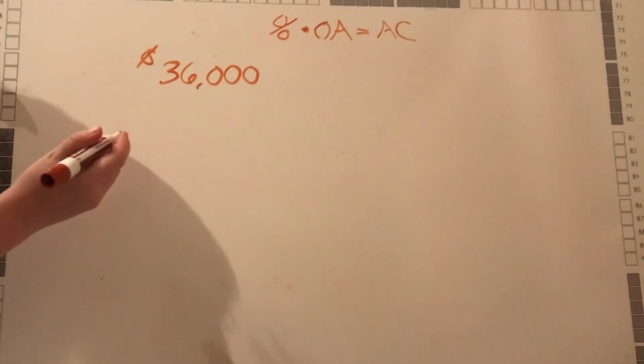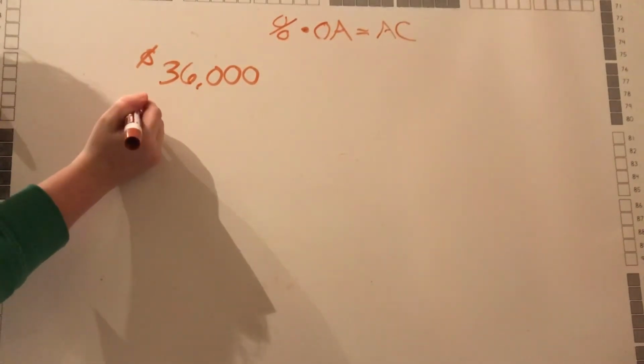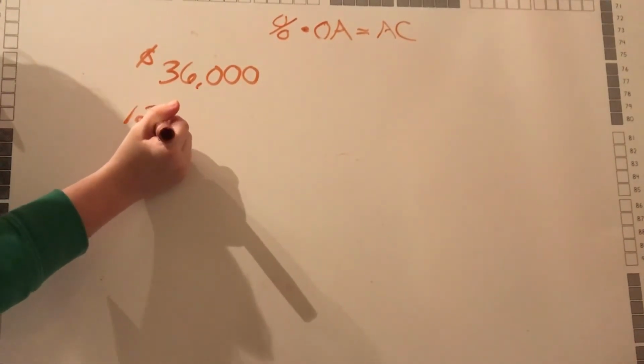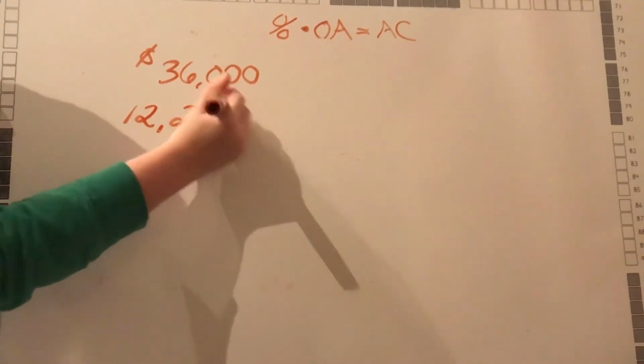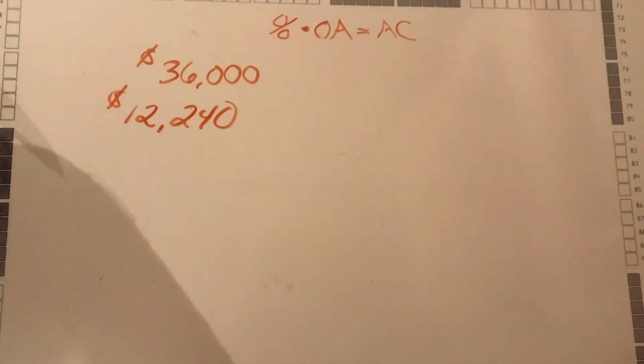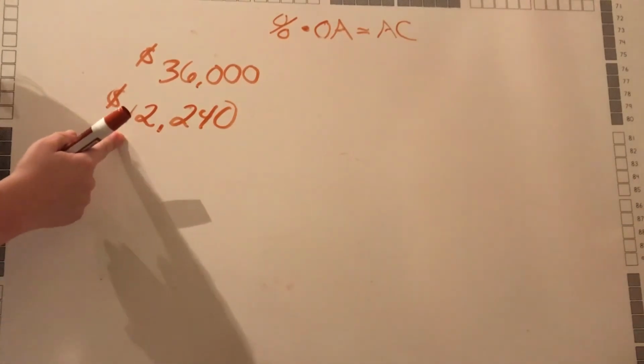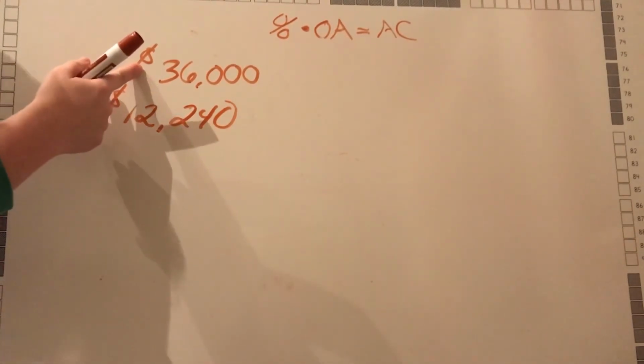So, pays $12,240 to rent. Now, they're giving us a proportion with n over 100 equals 12,240 over 36,000.